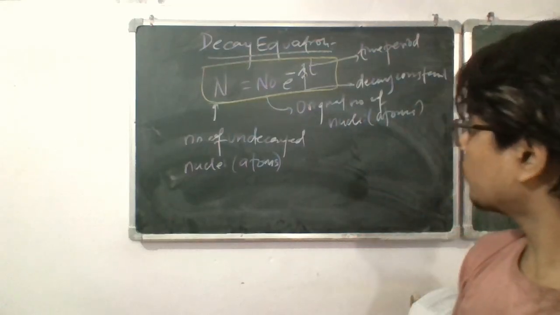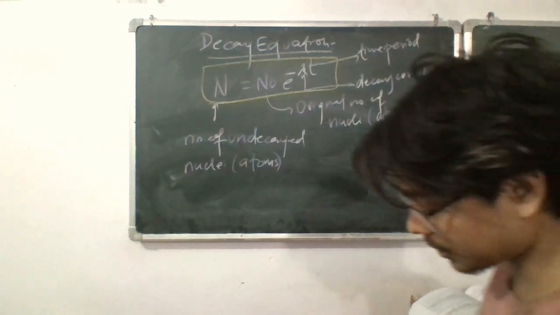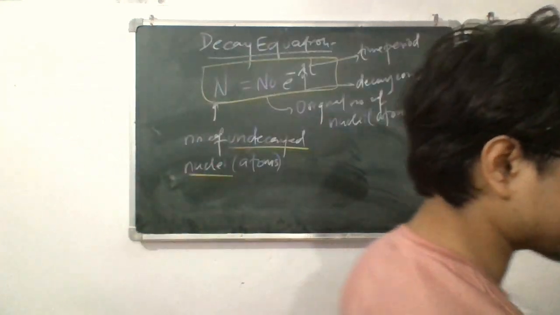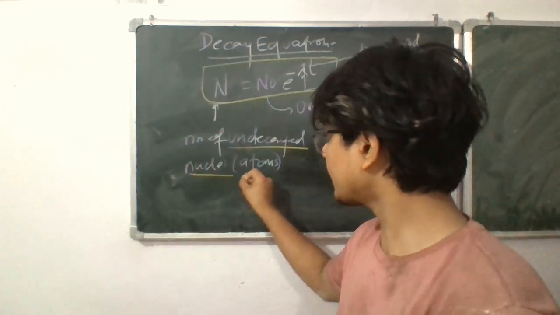Now one thing that you might be interested to know about, or sometimes get confused by, is the number of undecayed nuclei. So why am I saying this to be undecayed nuclei or atoms?